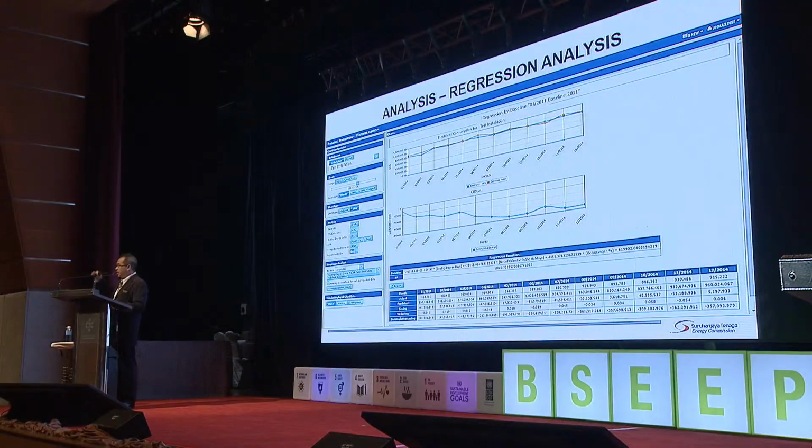So the regression, how much change there is from year to year, can all be read through this EMIS system. And then what kind of energy saving measures they are doing, and whether it contributes to energy reduction or not, will be monitored as well.